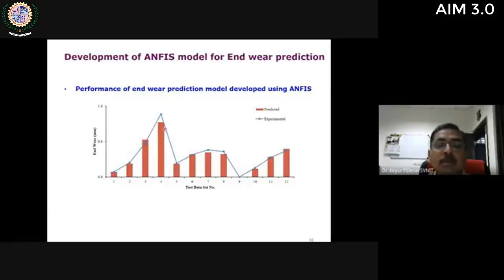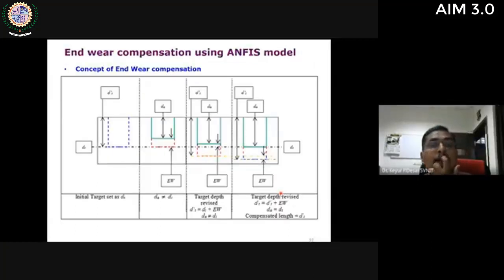The blue line shows the experimental values, and these bars show the predicted values. And it was done for 12 data sets. For every data set, you have to use a separate tool, a separate workpiece, and carry out measurement critically.